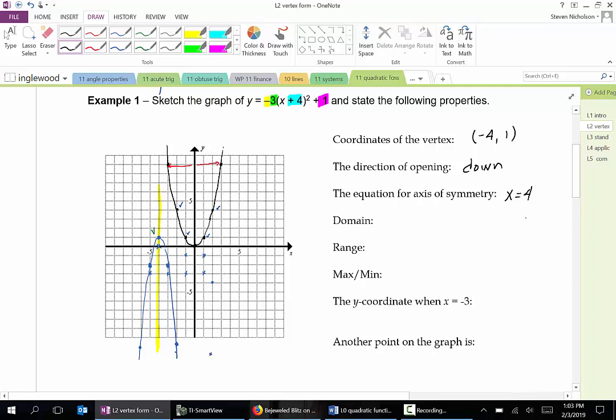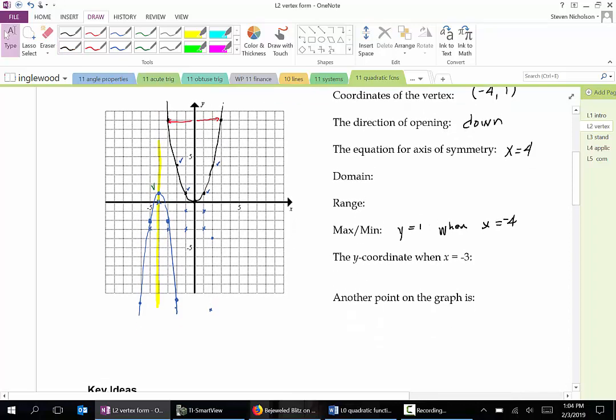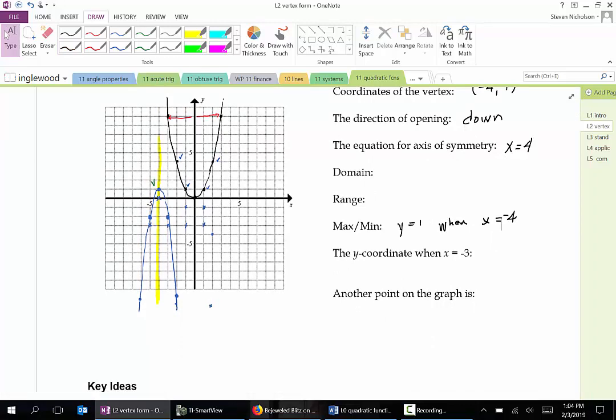We'll come back to domain and range in a sec. What's the maximum point? The maximum is, again, a vertex word. And the maximum value of this function is y equals 1 when x equals -4. What is the y coordinate when x is equal to -3?